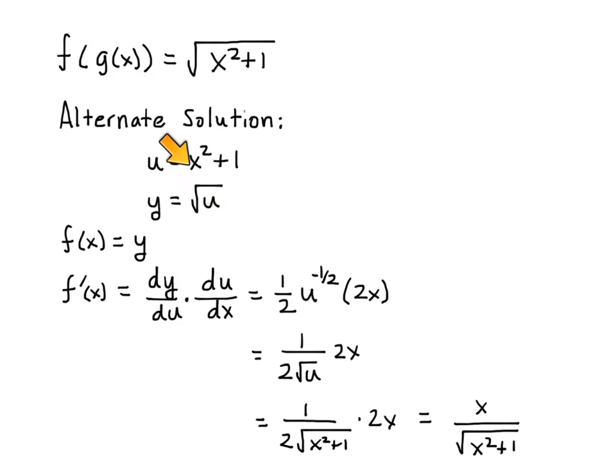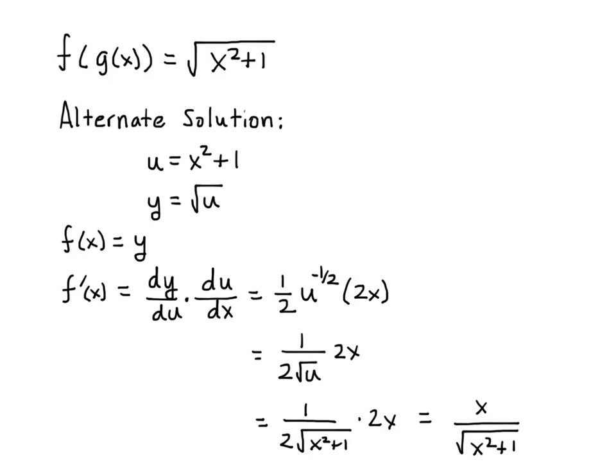But hopefully you'll get the point here where I'm saying u equals this function. And so the derivative of f at x is going to be dy with respect to u, and then du with dx. So it's the derivative of u with respect to x.